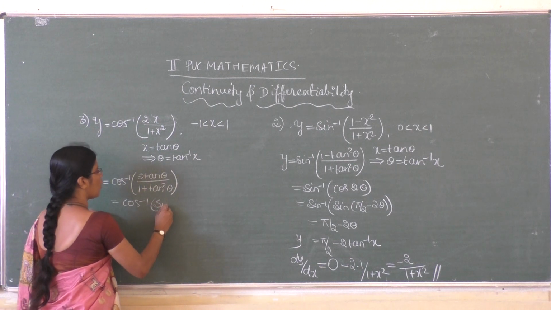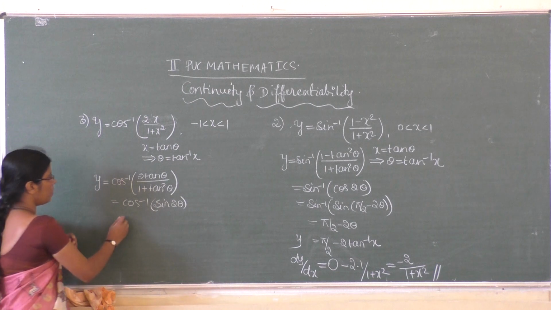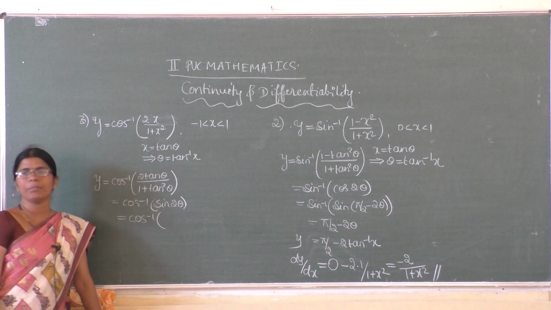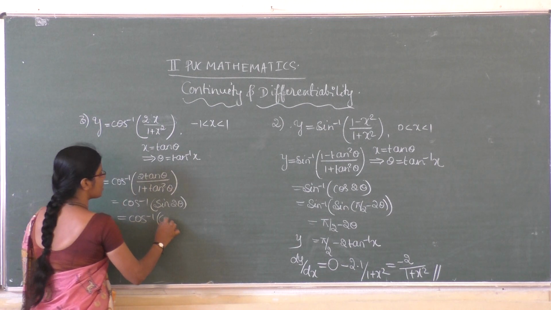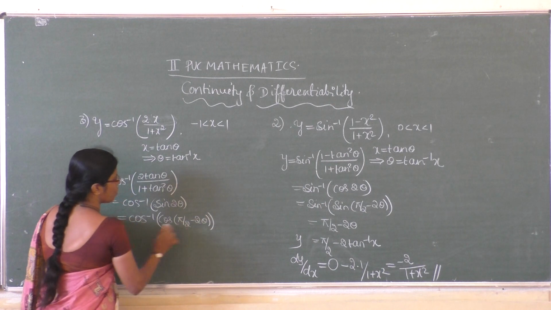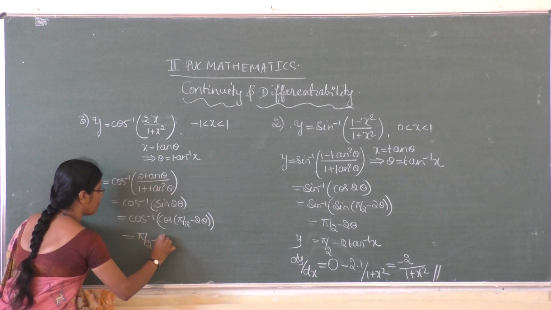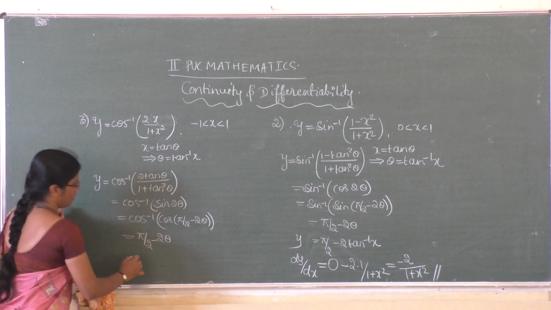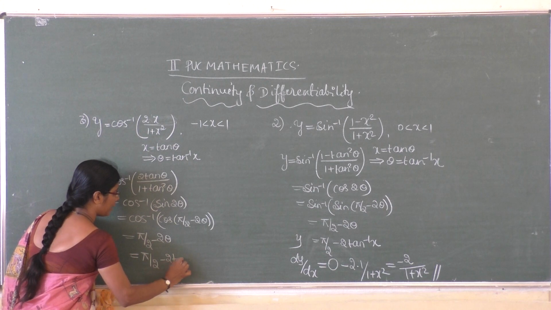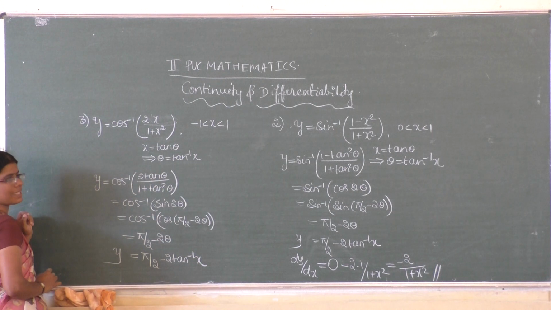So this becomes cos inverse of sin 2 theta, which can be written as cos inverse of cos of pi by 2 minus 2 theta. So cos inverse of cos equals pi by 2 minus 2 theta, which equals pi by 2 minus 2 tan inverse x.